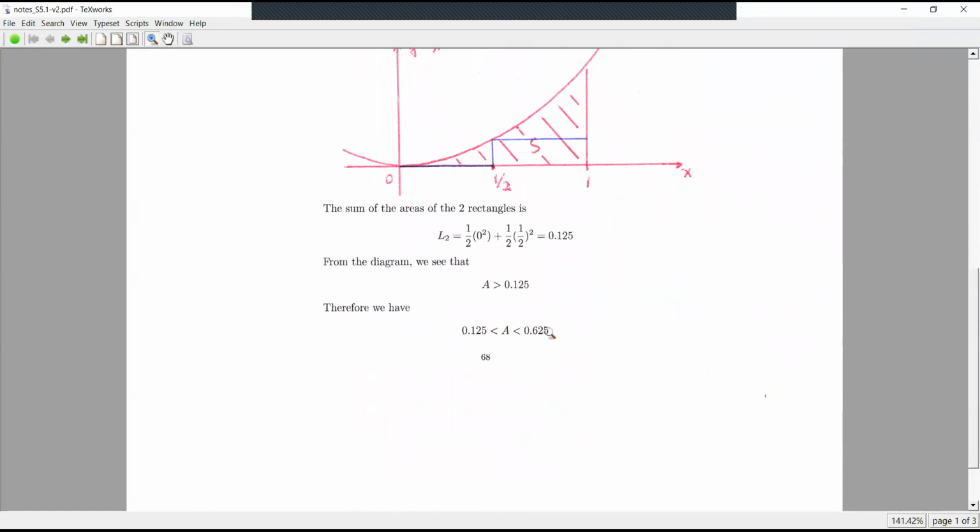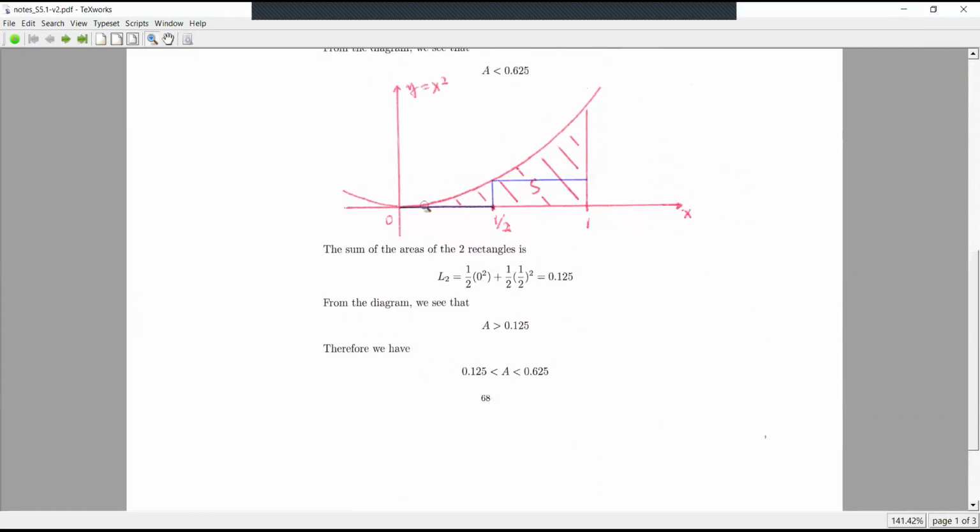Let me call this number an upper bound for the area A, and this number a lower bound for A. Now, in step 2, I use 4 rectangles to approximate the region S, and we will see that we can have a better upper bound and a better lower bound for A. Now, step 2.